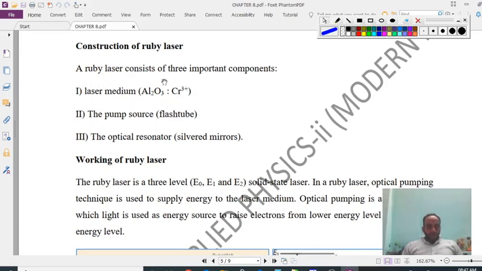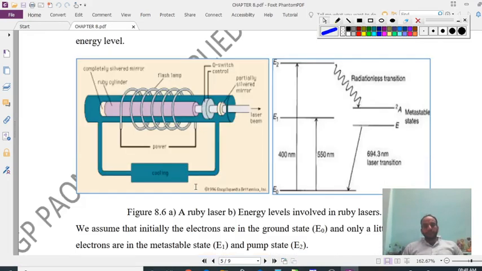The laser medium consists of aluminum oxide with a small amount of doping of chromium ions, the pump source consists of flash tubes which provide the excitation energy to the laser medium, and the optical resonator consists of silvered mirrors which reflect the photons in the laser. Next is the working of the ruby laser.